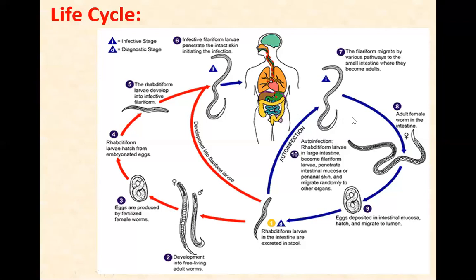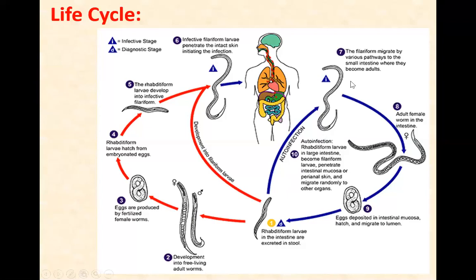The other form, these rhabditiform larvae, once produced in the small intestine, can directly develop into filariform larvae. This is called autoinfection. This completes the life cycle of this parasite.